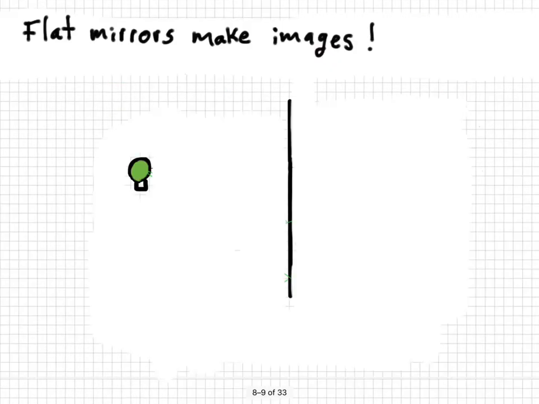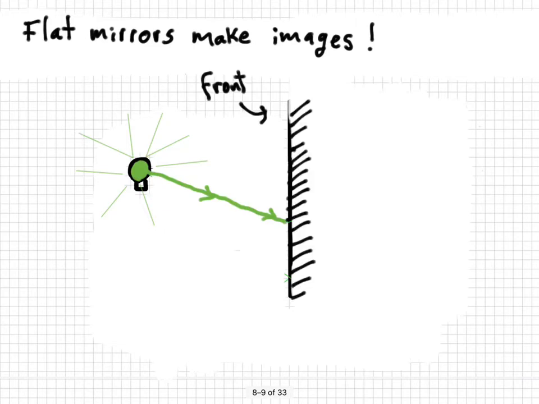Now, a very important thing that happens with flat mirrors is that they make images. So let's take a look at a green light bulb placed in front of a mirror. The light bulb is going to be emitting light rays in all directions. We're going to start by looking at this light ray that was sent in this direction, and it interacted with a mirror.